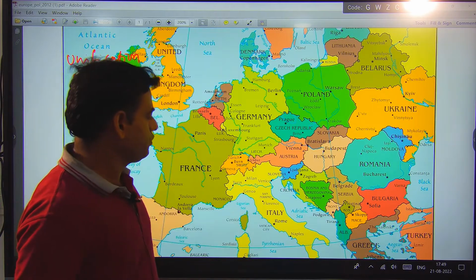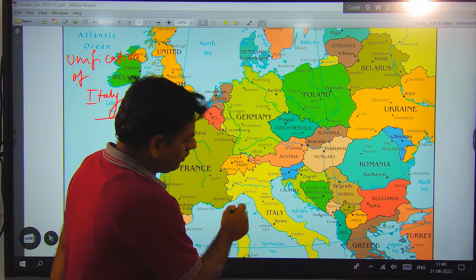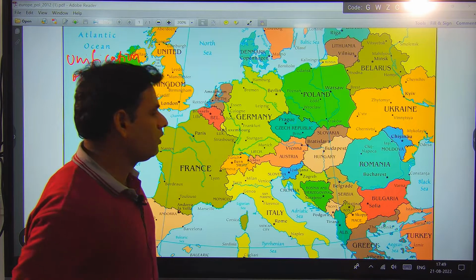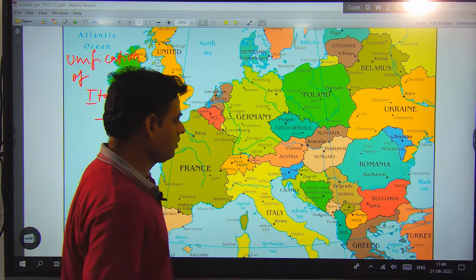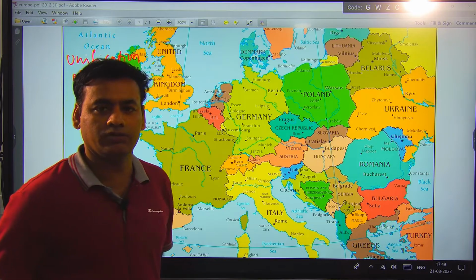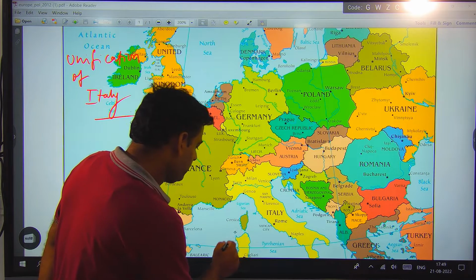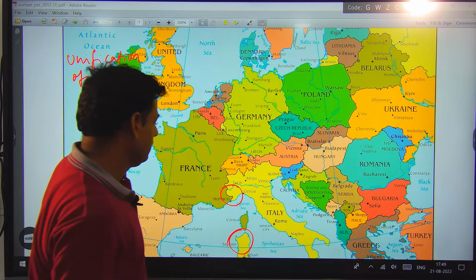Before we get started, let us discuss that Italy was formed with 7 states at that time. Those 7 states were ruled by different kingdoms. So, for example, Sardinia and Piedmont.